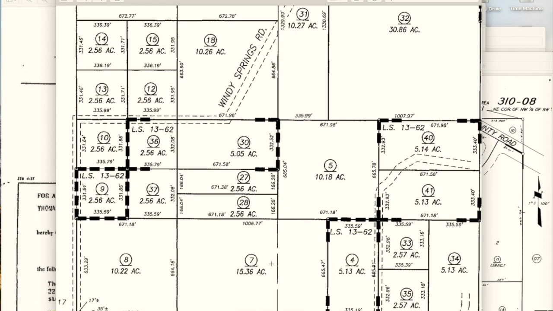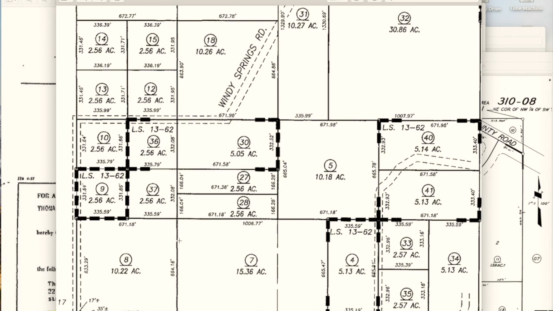But these people did what's called a lot line adjustment. They owned both properties, and they did a lot line adjustment, which is indicated here by this break in the line, meaning that they wanted this to be one solid parcel. And the easement that ran through there, they moved over to here.